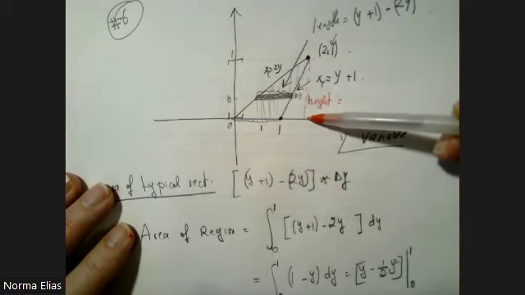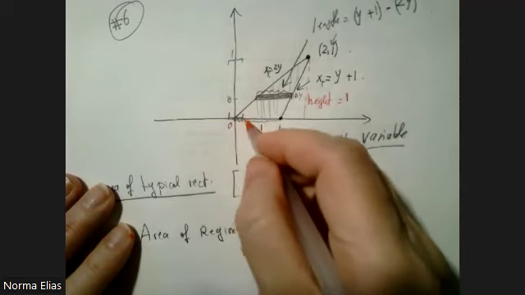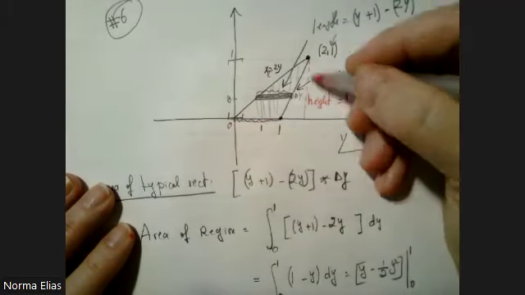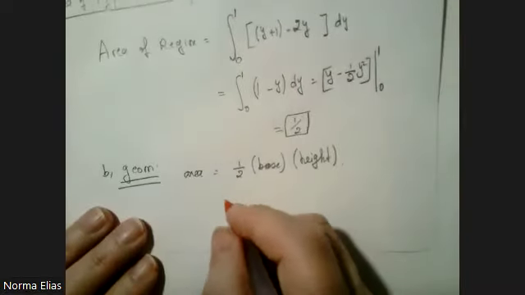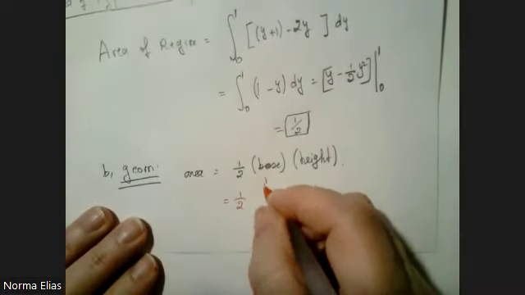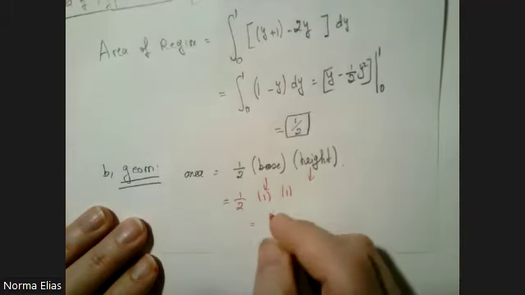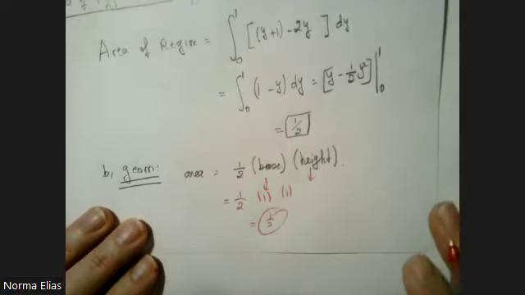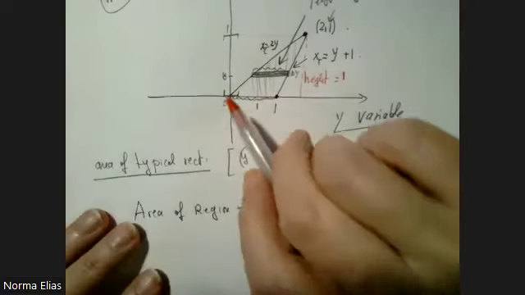From here to here, I have 1. So it's half, that's the base, and that's the height from here to here. So it's going to be half. The base is 1. The height is 1. This is the half. Okay, so it's not a right triangle in this case, but the formula is the same.